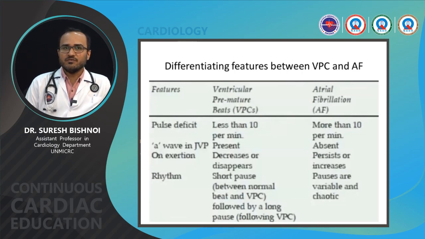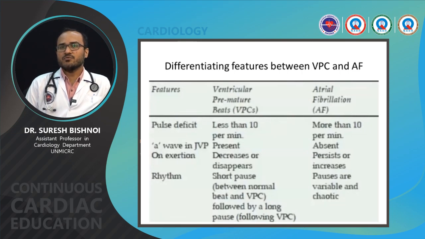Then look at the JVP and try to find the A waves. In ventricular PVCs, A waves are present, but in atrial fibrillation, A waves are absent. Then look at the rhythm. In a patient with VPCs, there is a short pause after the VPC followed by a long pause, and in atrial fibrillation, pauses are variable and chaotic.